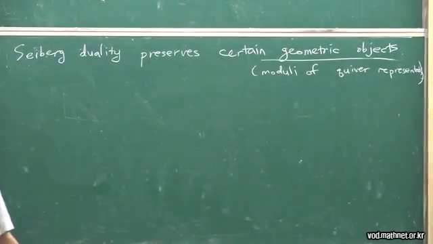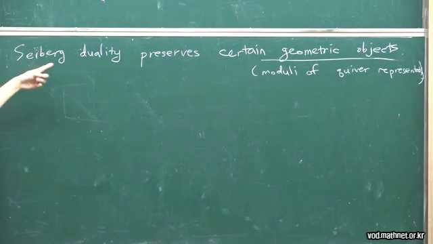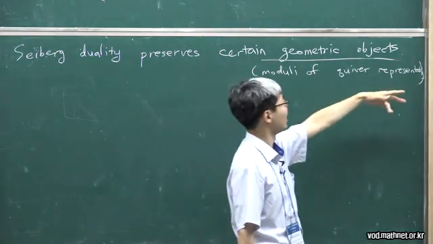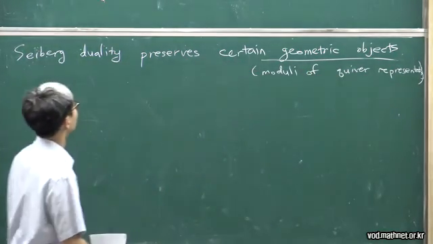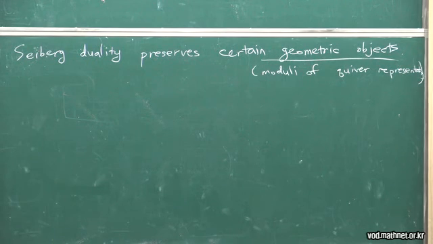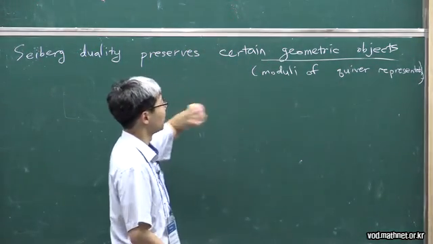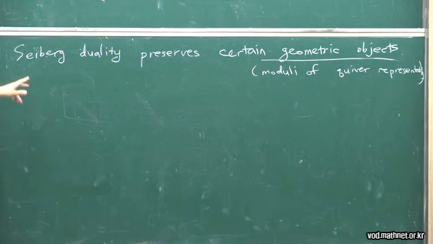Anyways, in string theory, they introduce Seiberg duality because they want to study a certain moduli space of quiver representations. For each quiver, we can associate a moduli of quiver representations over a given quiver. And in string theory, one of the biggest problems is to compute the Euler characteristic of this moduli space.